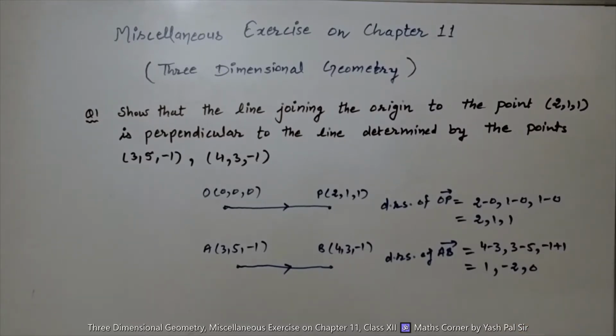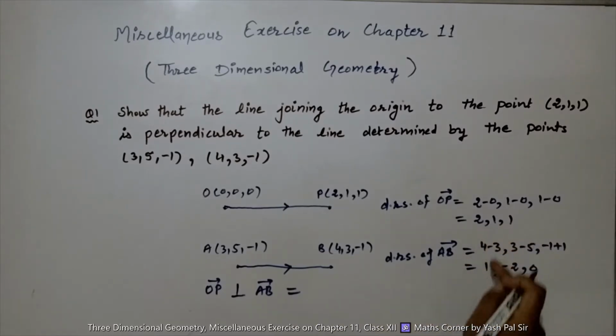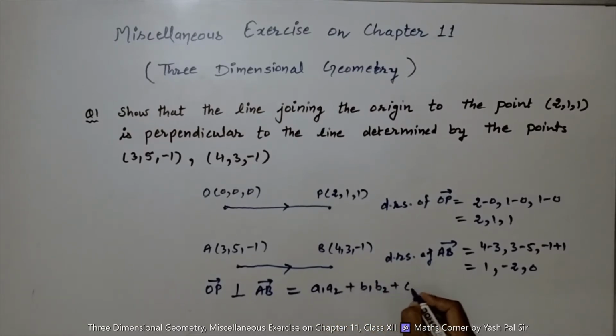Now, if the OP vector is perpendicular to the AB vector, it means the sum of the products of the corresponding components of the direction ratios will be equal to 0. That is, a1 a2 plus b1 b2 plus c1 c2 is equal to 0.